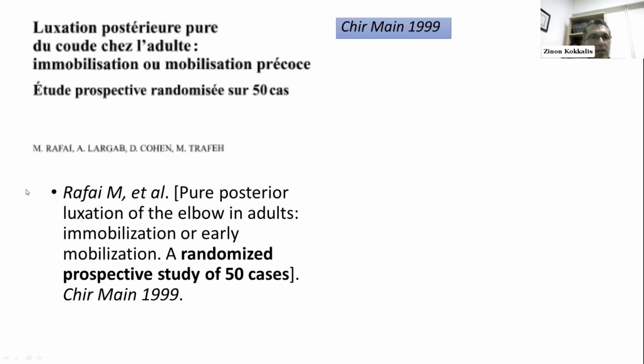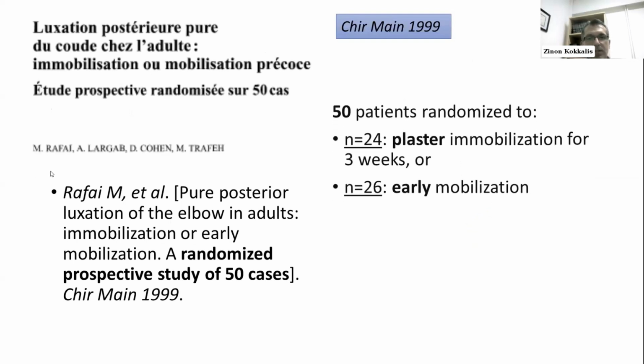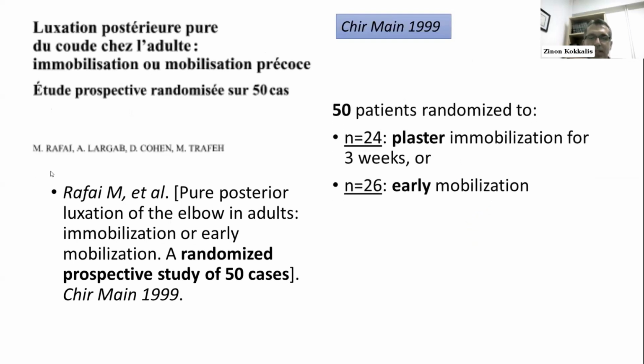This is a nice study in French that was published in 1999. A randomized prospective study of 50 cases that were randomized into 24 patients mobilized in a plaster and 26 allowed early mobilization.